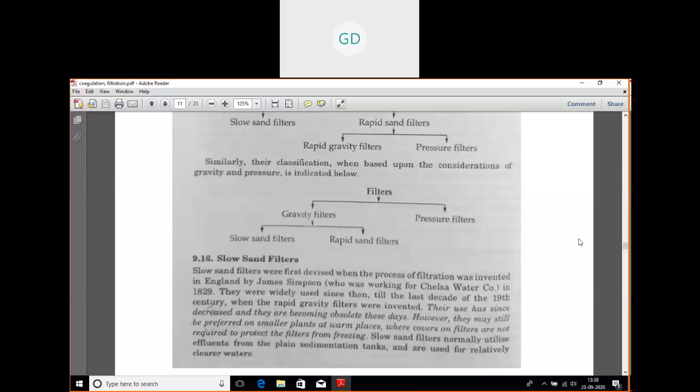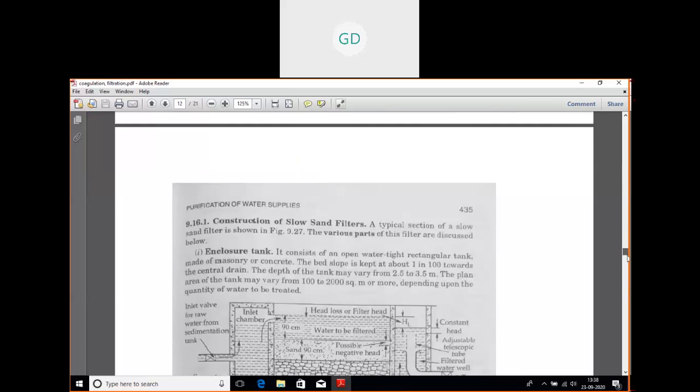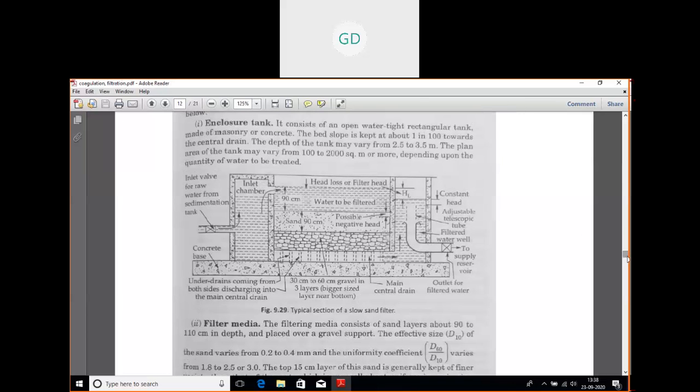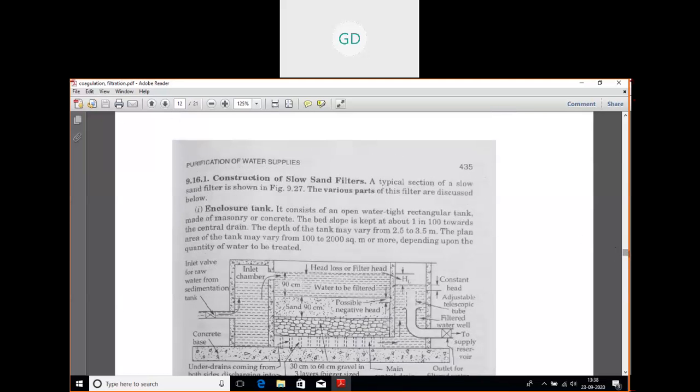Clear? So let us see here, this is a typical section of a slow sand filter. I will not go through the construction details of slow sand filters. So what you do, you write in your copy about the construction details of slow sand filters and also rapid sand filters.